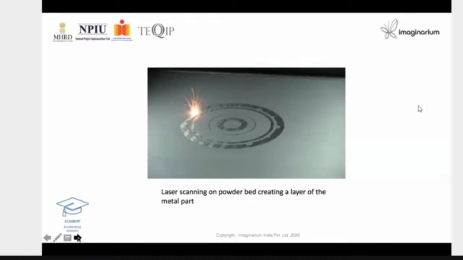For example, here it's a powder bed fusion. This is not direct energy deposition. It's very similar to SLS, and E-beam is also a similar one. We have LENS and we have two photon, so many other technologies using plasma and all that, right? And here you can see how the part is getting sintered.